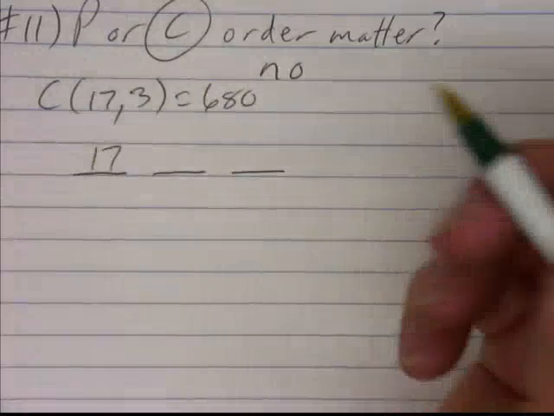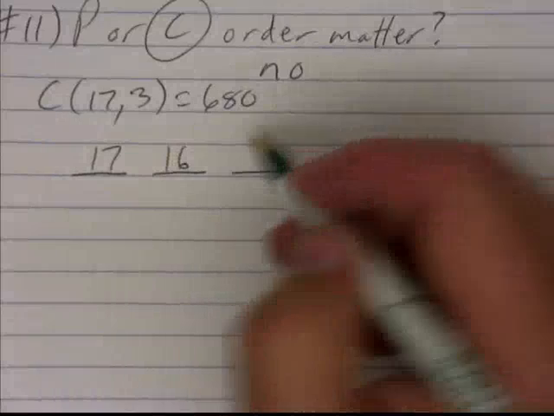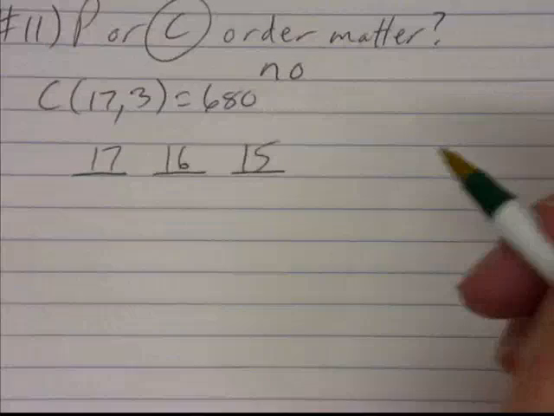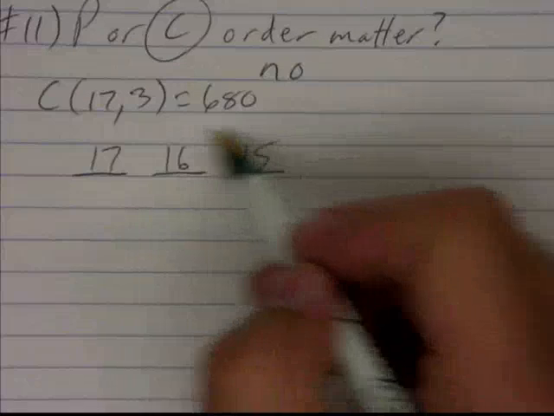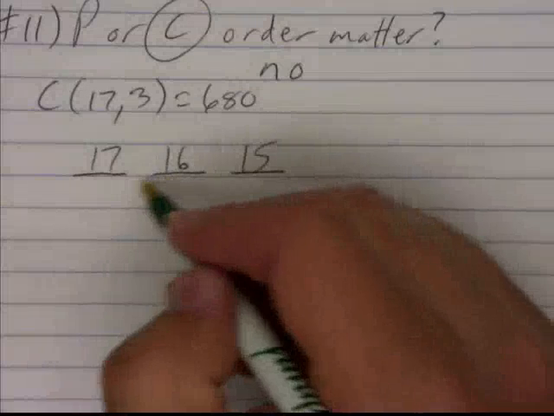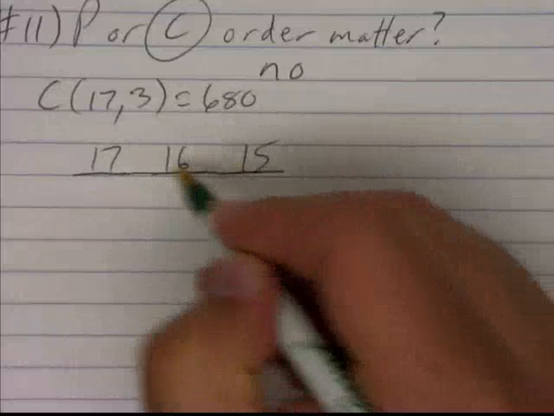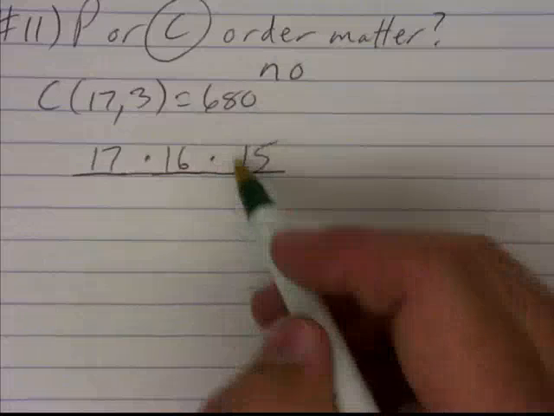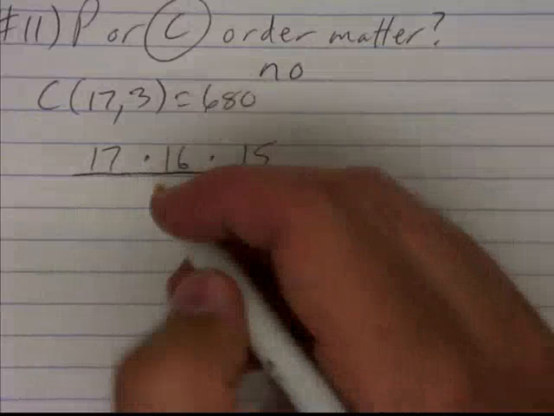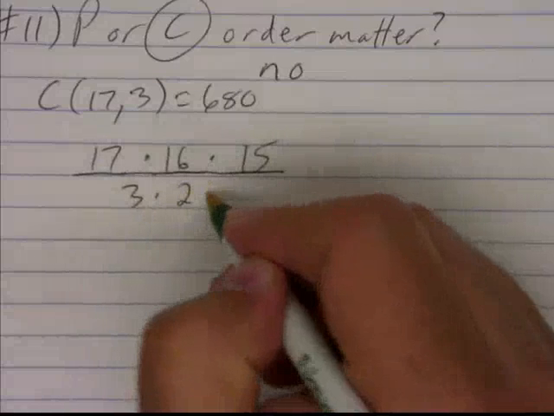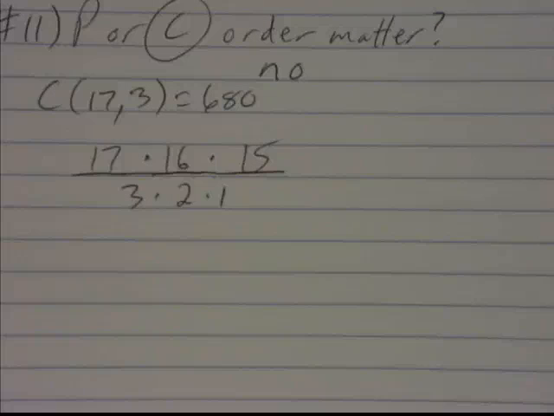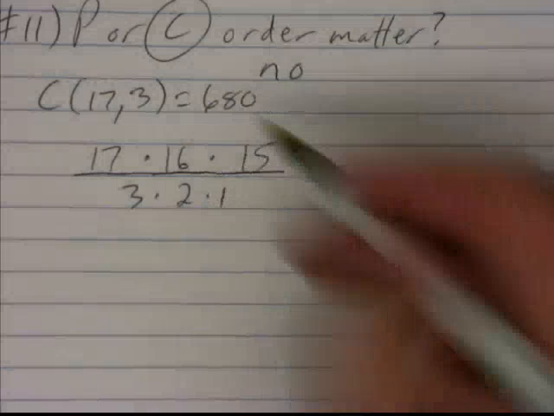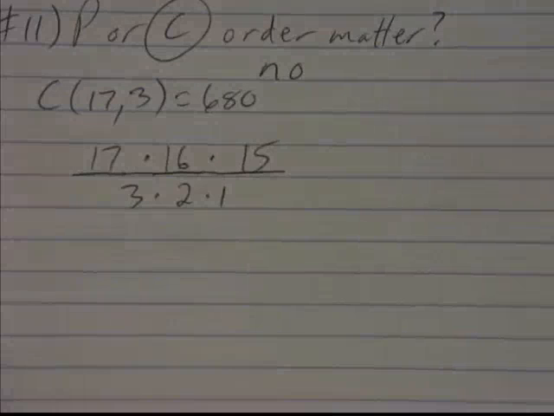There's 17 experiments that could be picked first, 16 that could be picked second, 15 that could be picked third. Since order doesn't matter, I'm overcounting these, so I multiply this out, but I take the 3 experiments that got chosen and say that they could be arranged in 3 times 2 times 1 different ways, and they all are still the same 3 experiments. And once you do that, you'll get the same answer.